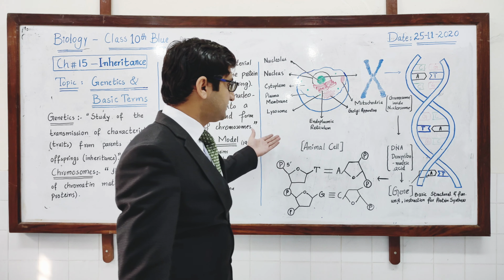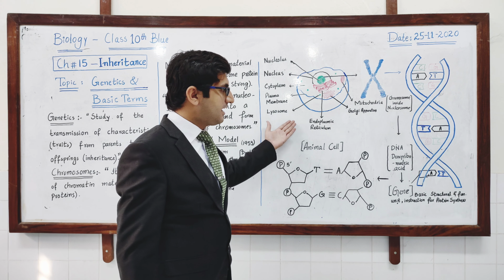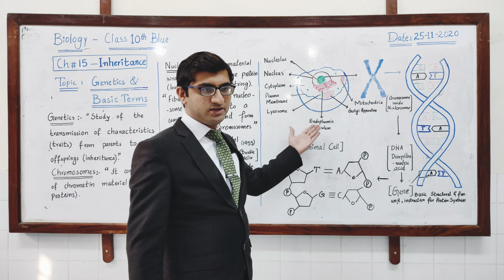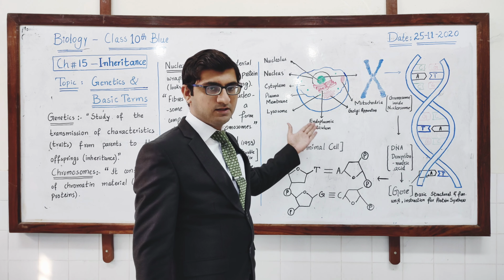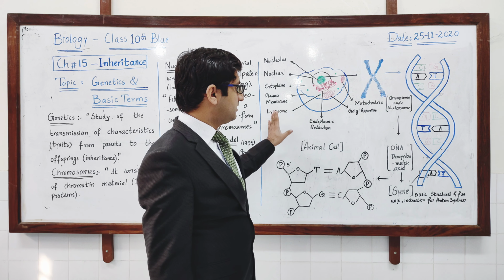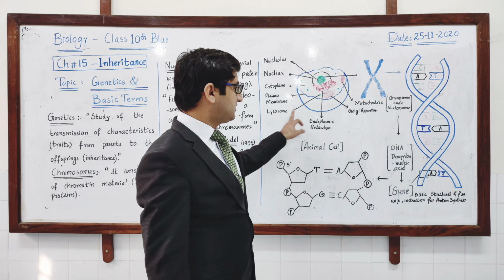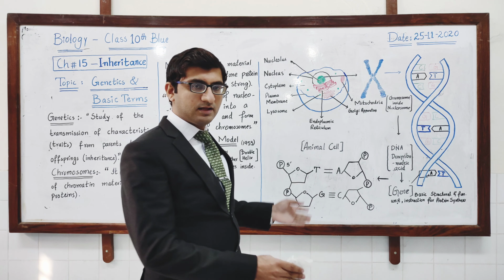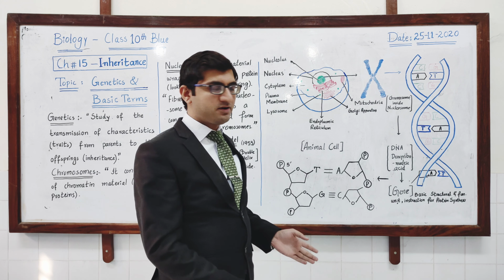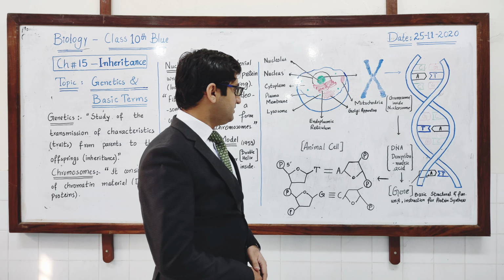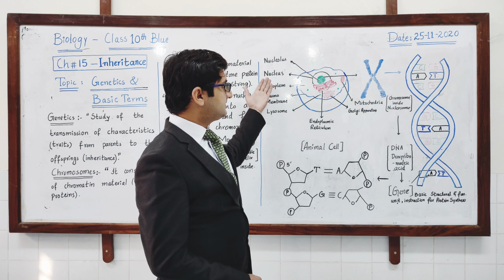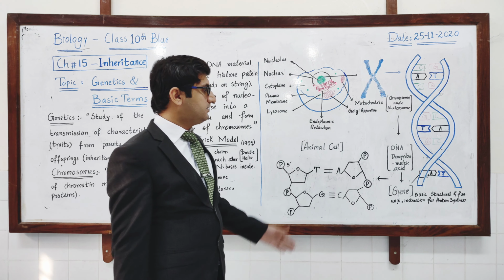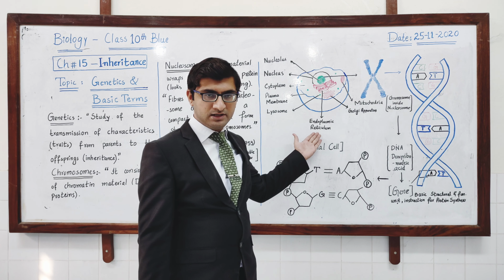So here is an animal cell, and it has the following parts. The major anatomy of an animal cell includes the lysosome, which dissolves extracellular material or waste products, the plasma membrane, cytoplasm, nucleus, nucleolus, and endoplasmic reticulum.